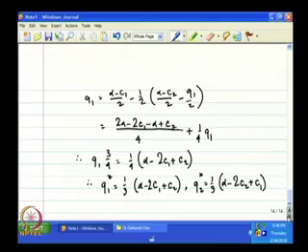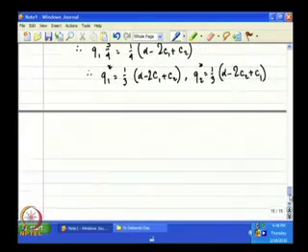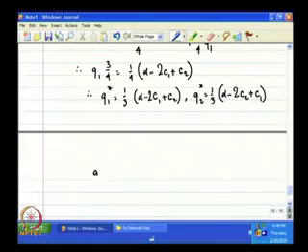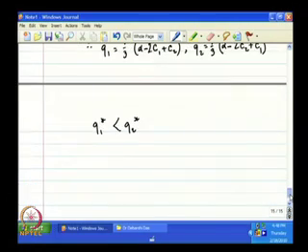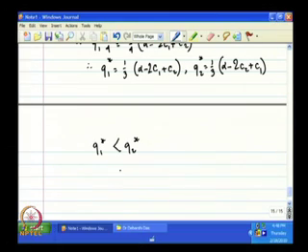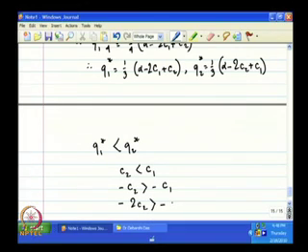From this, can I say that Q1 star is less than Q2 star? Well, we can say that. Why? Because we know that C2 is less than C1, which means minus C2 is greater than minus C1, which means minus 2 C2 is going to be greater than minus 2 C1.